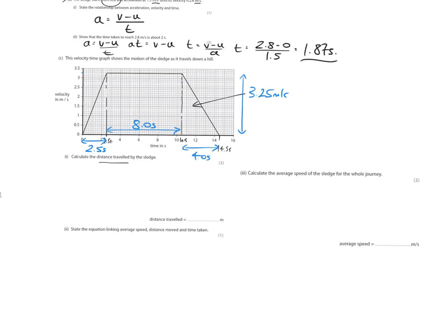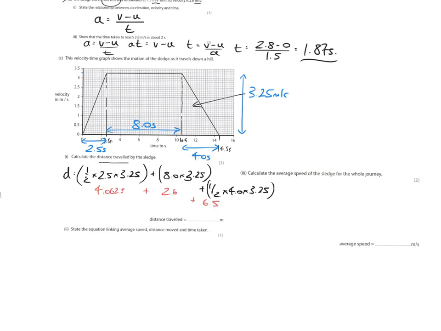We're going to have one triangle, a rectangle in the middle, and then the triangle at the end. So you can see I've worked these out. The sum of them all is 36.6. That's quite a lot of working to do for 3 marks, but there you go. It's 2 triangle areas and a rectangle area, and add them together.